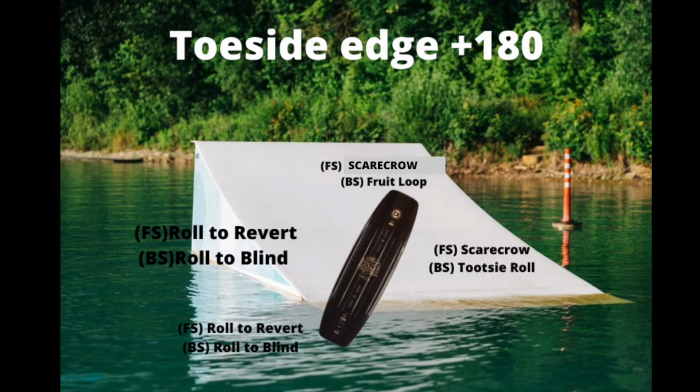If you do a backside 180, it's called a tootsie roll. If you cartwheel over your tail and do a front side 180, it's called a roll to revert. And if you do a backside 180, it's called a roll to blind. If you roll over your heel side edge and do a front side 180, it's called a roll to revert. And if you do a backside 180, it's called a roll to blind.